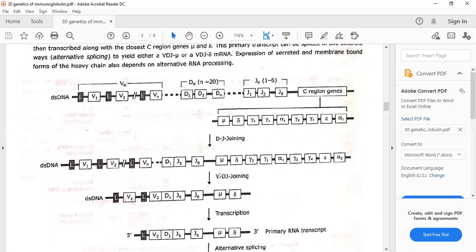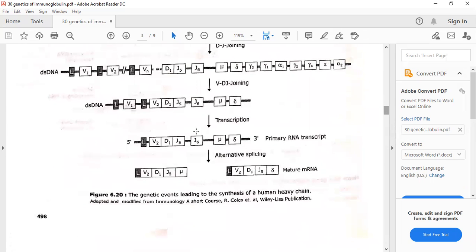After that, the V and D-J5-J6 combination, the VDJ recombination, will occur. So how will the VDJ combination happen? First, here we can see V1, V2, and D1, J5 and J6 are combined to each other.